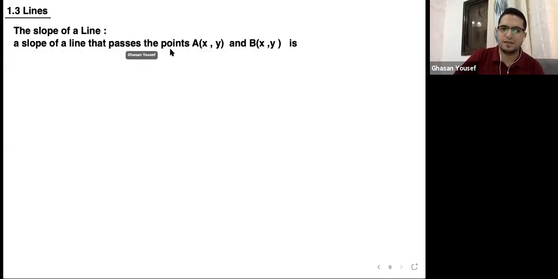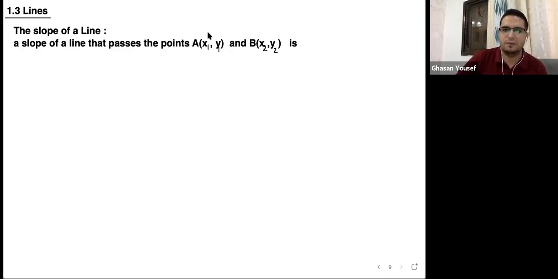So the slope of the line that passes through 2 points. The first point is x1 comma y1. And the second point is x2 comma y2. Exactly here, Eric, he said the difference of y.